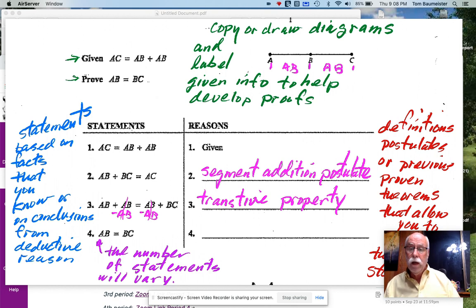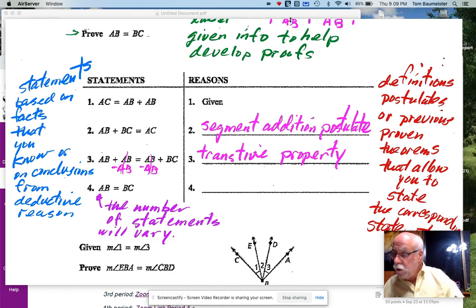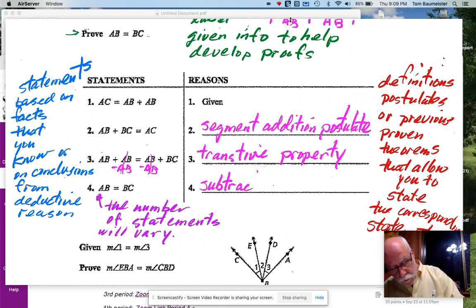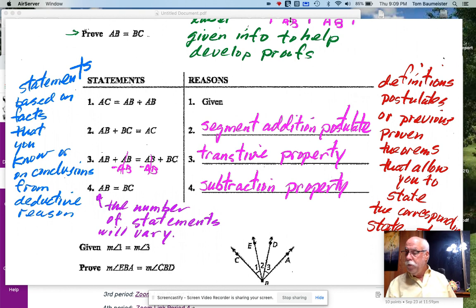So what did I just tell you we just did? I said we just would do subtraction. So subtraction property. All right, and that is our last statement. And so we are done. We have done that whole thing. Notice there were 4 statements and 4 reasons.